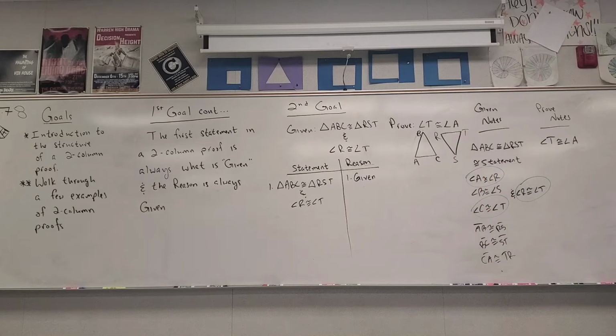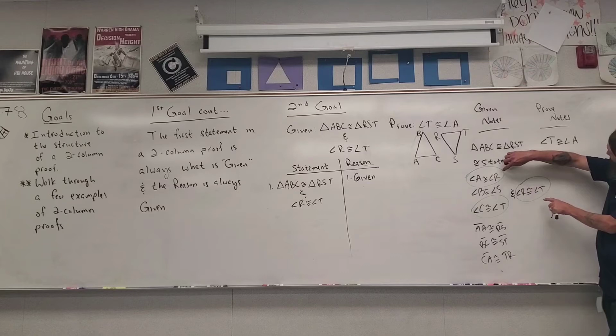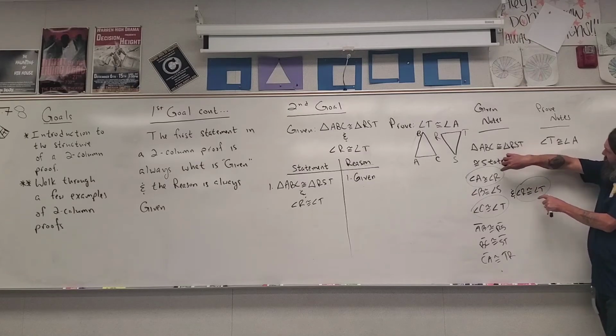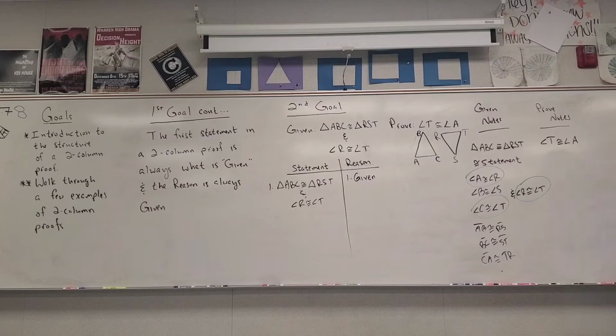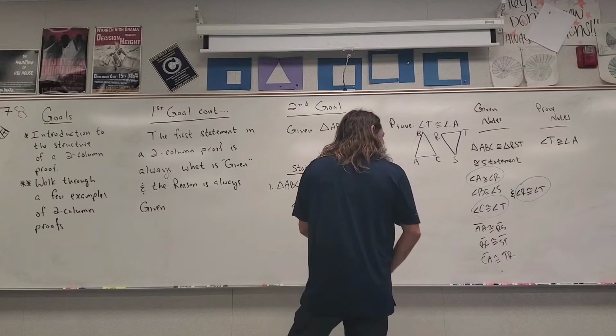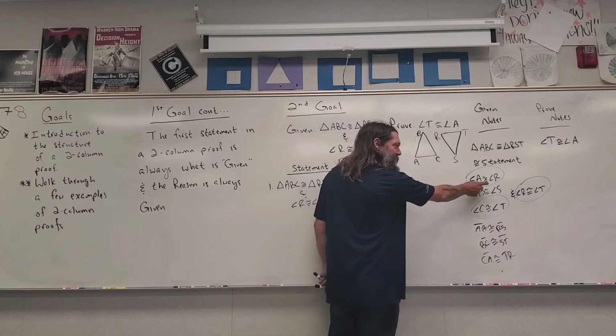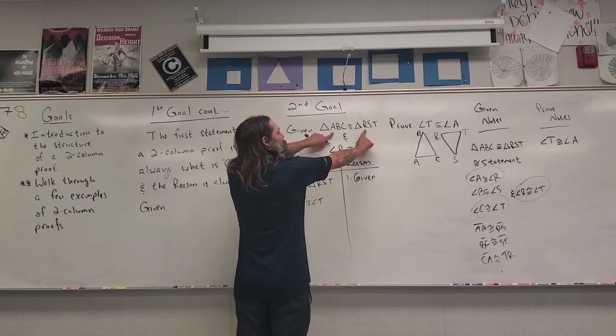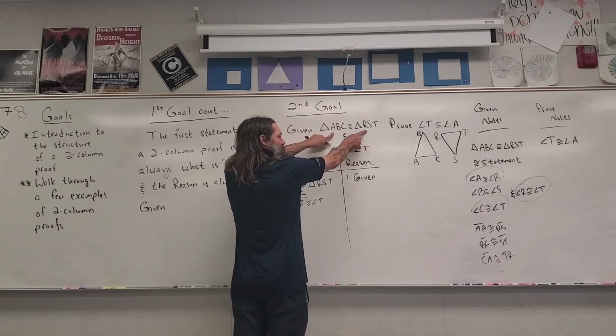And you know what? This looks like the transitive property. So I'm beginning to understand the structure of my argument, right? I see that I can say that angle A is congruent to angle R because they are corresponding parts of congruent triangles.